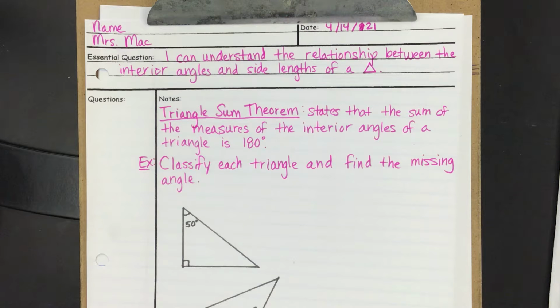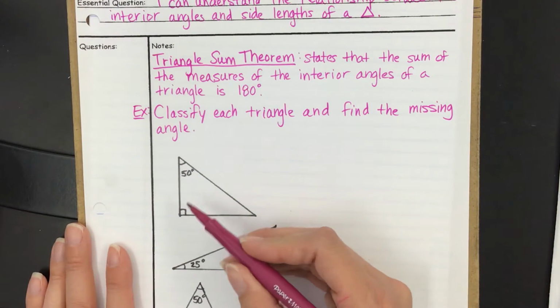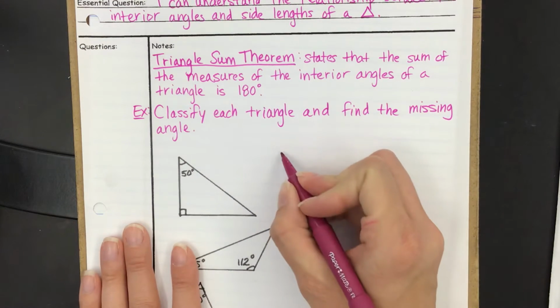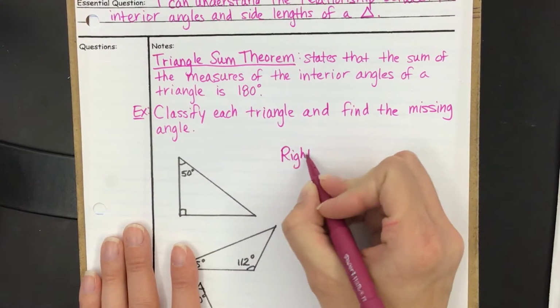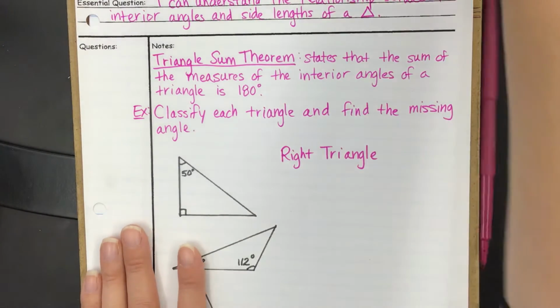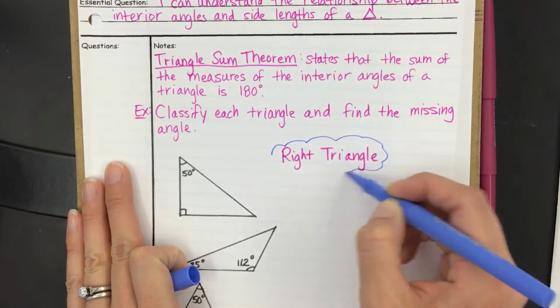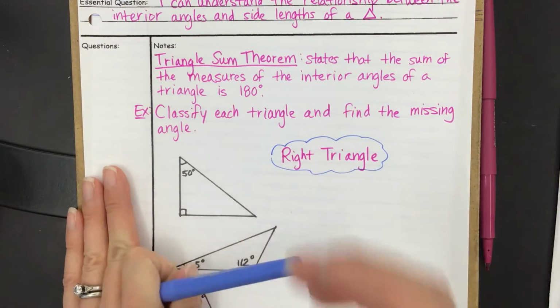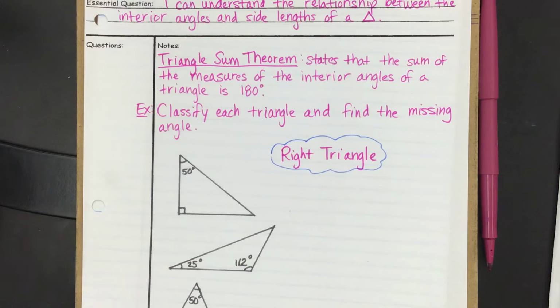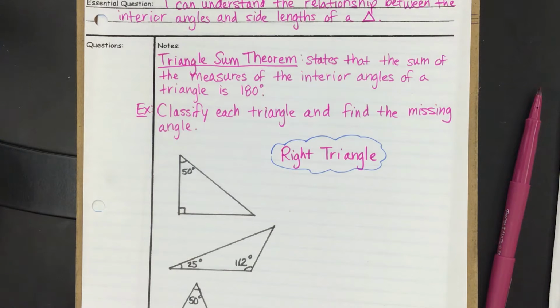Okay, so let's take a look at this first triangle here. Any triangle that has a right angle, like this one does, is considered a right triangle. Okay. So this one right here is a right triangle. Now, we're going to find the missing angle.